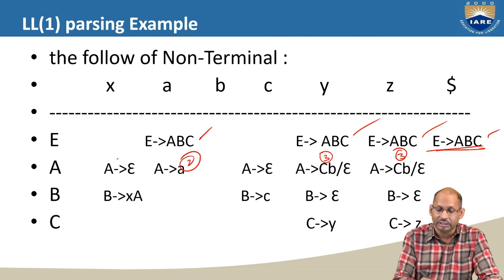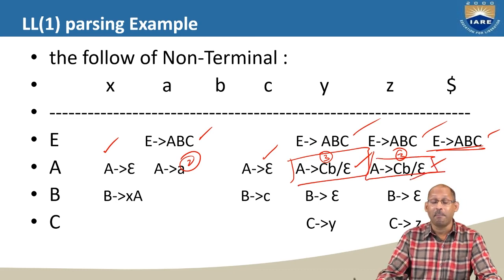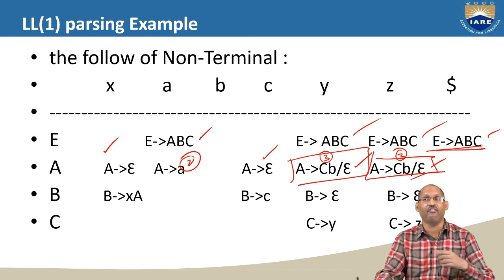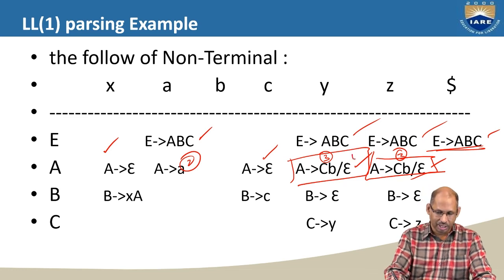CXYZ, which results in multiple entries for Y and Z terminal columns, which leads to ambiguity. So it is not LL1 grammar, since there are multiple entries.